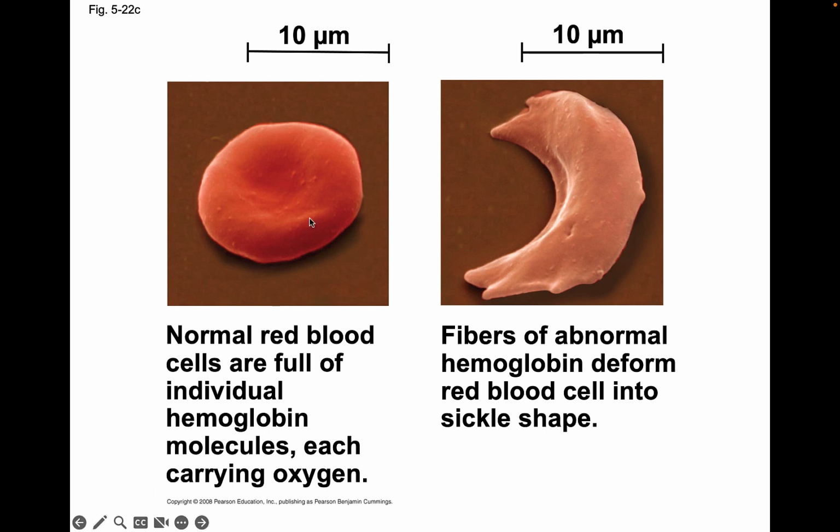So here's micrographs of the two. Here's what a normal biconcave red blood cell looks like, erythrocyte, and this is the deformed sickle cell shape. So the end result is this thing can't carry as much oxygen, and it gets stuck inside the capillaries, causing those issues.